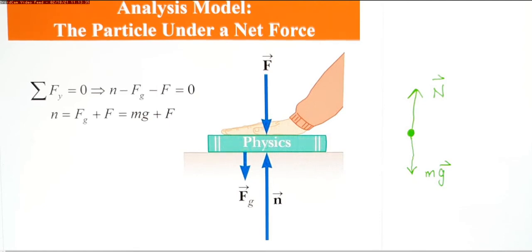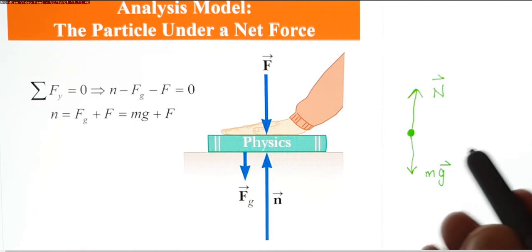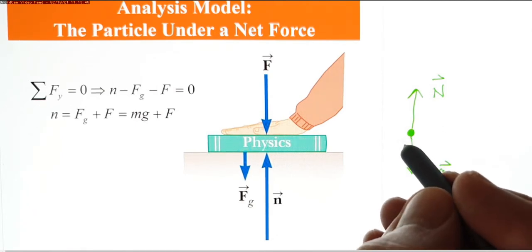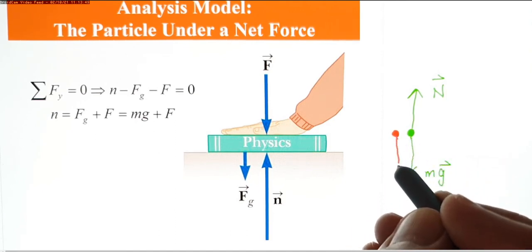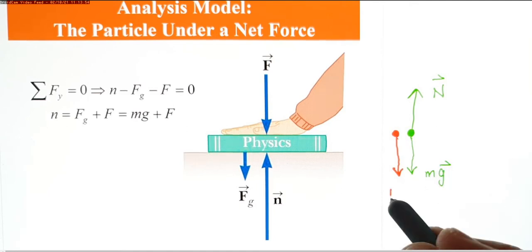We apply an external force on the book. So now in the negative direction, we apply an external force. So we call it F.